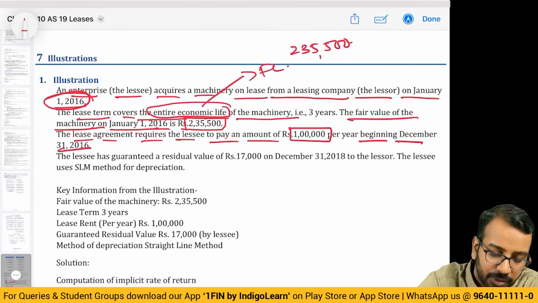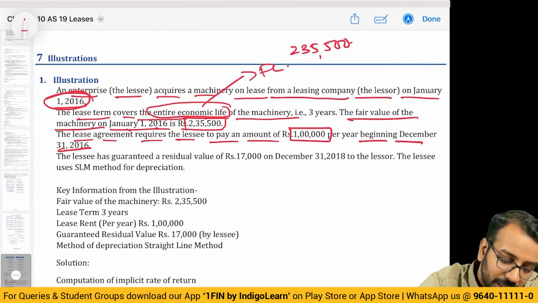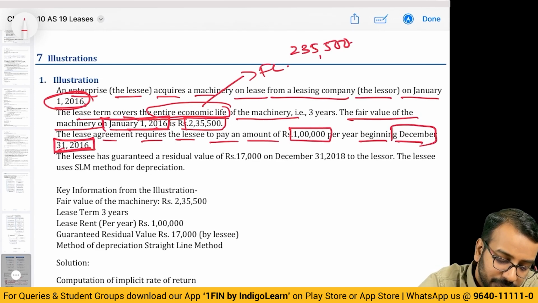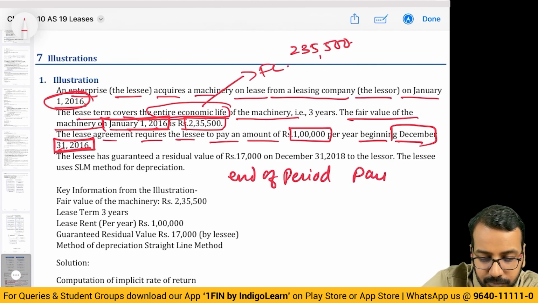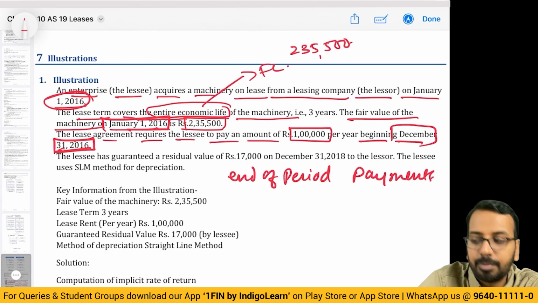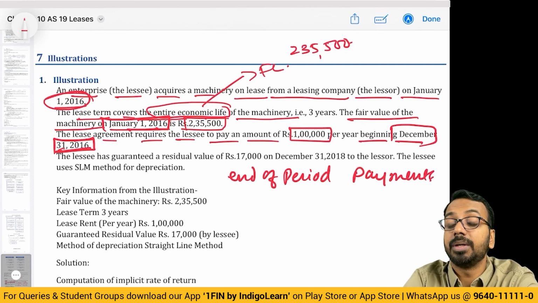So now, please understand, the commencement or inception is January 1st, and payment is happening on December 31st. So these are called end of period payments.